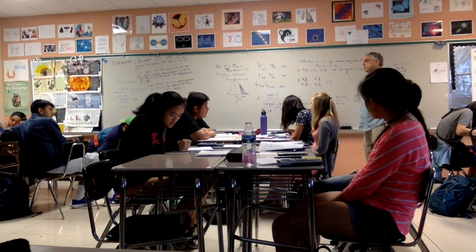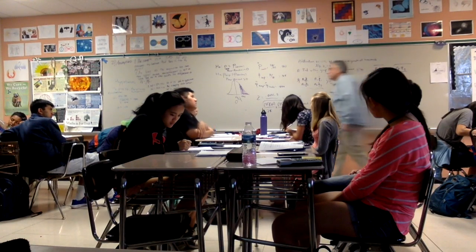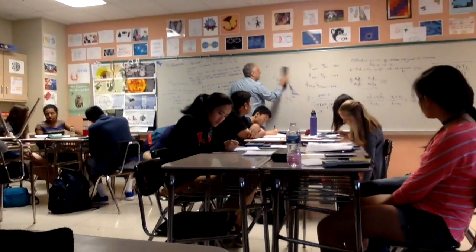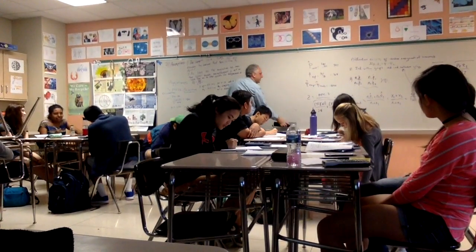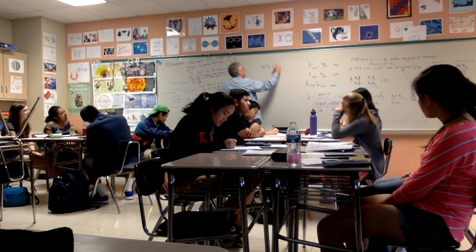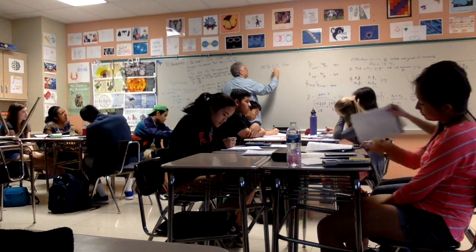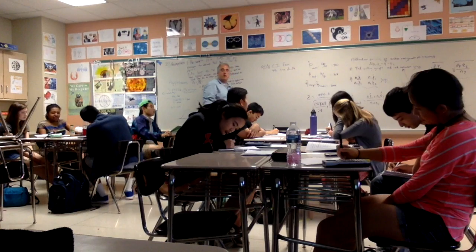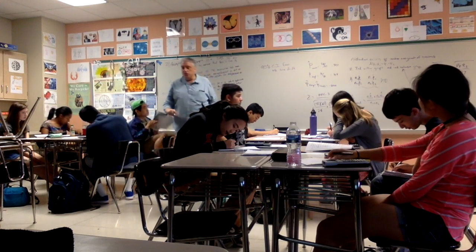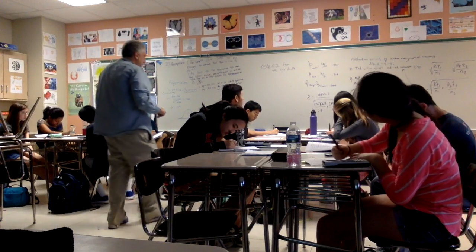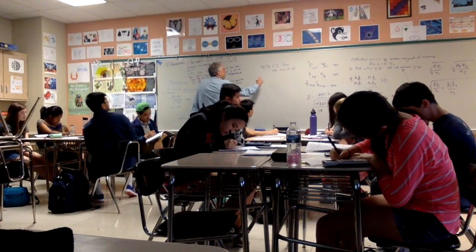Can you make a confidence interval? Let's do it before the bell. A confidence interval for the true difference. Let's make a 90% confidence interval for the true difference. What was our one proportion z interval formula? It was p hat, what was it?